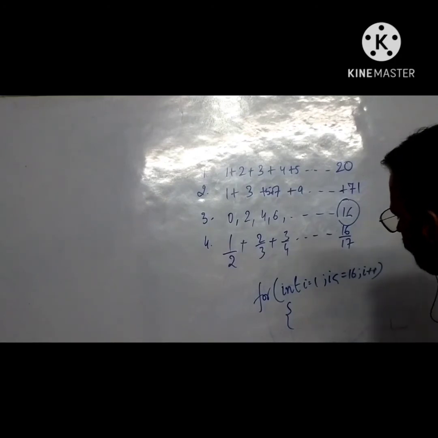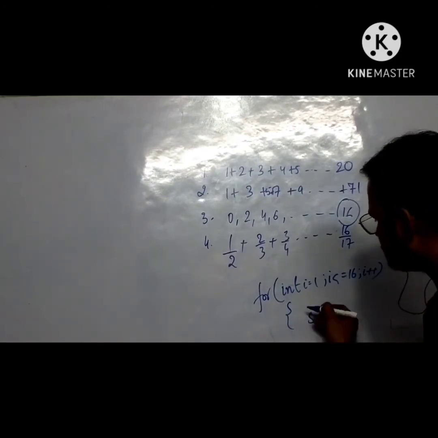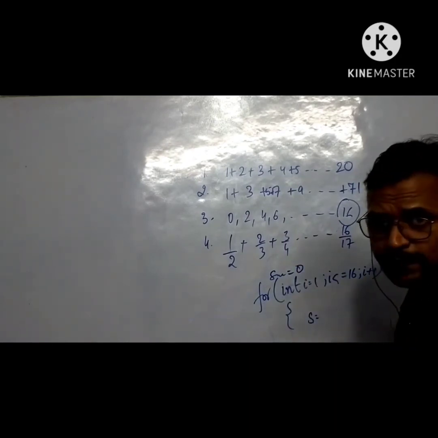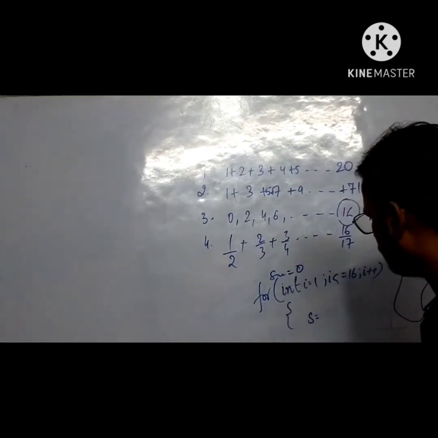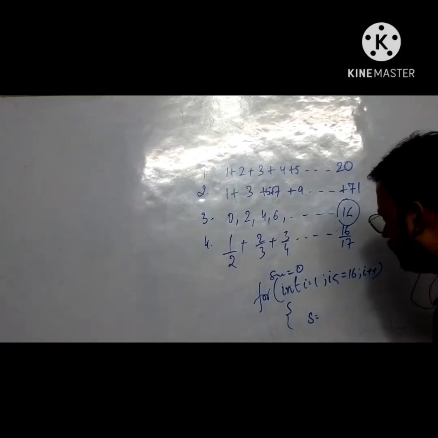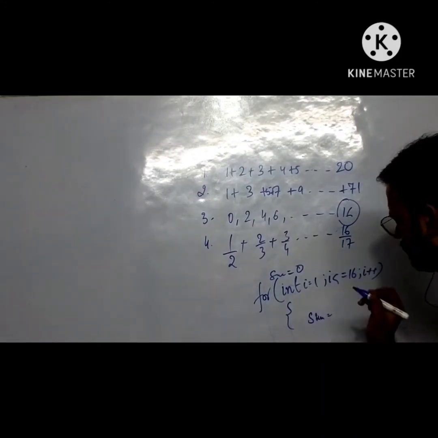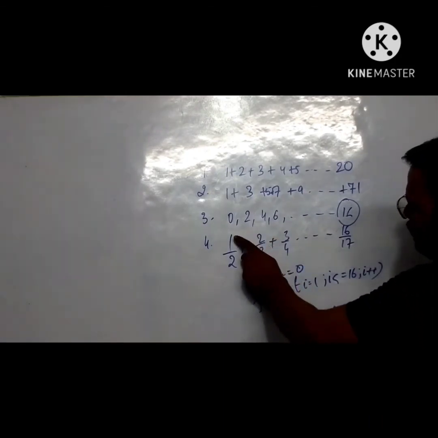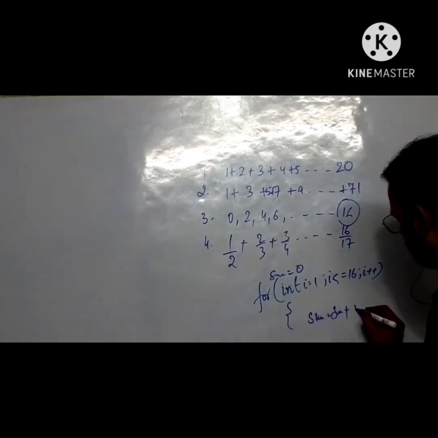Then sum is equal to, yes, sum is equal to 0, as I have told you. Okay, I'm just discussing this also. sum = sum plus, see, 1 plus 2 plus 3, i.